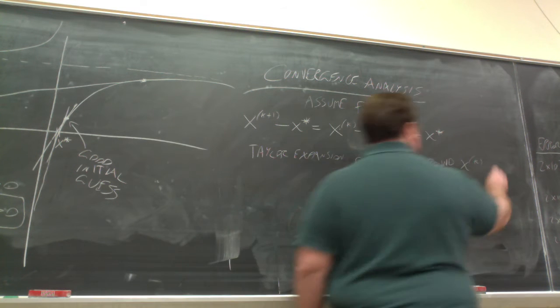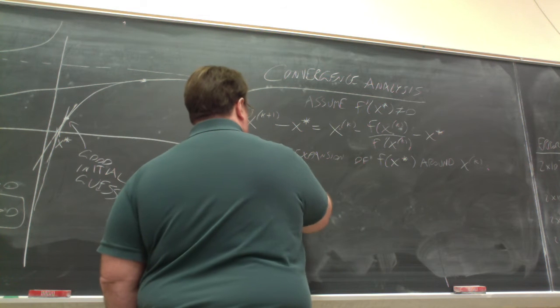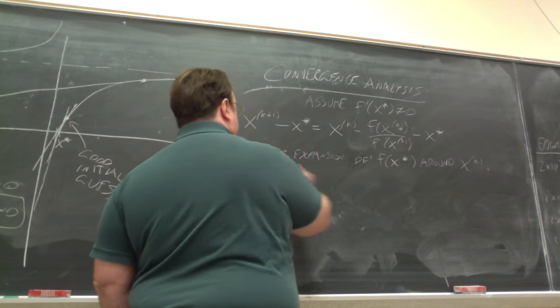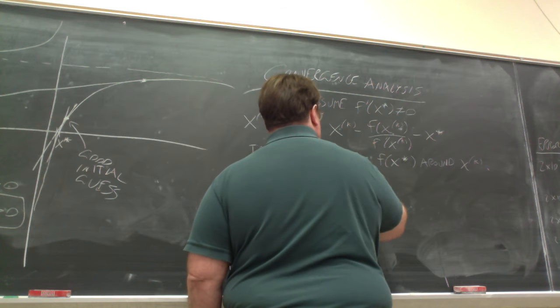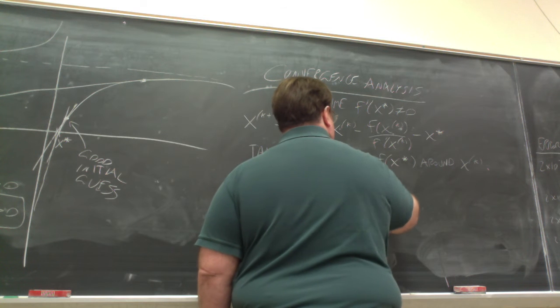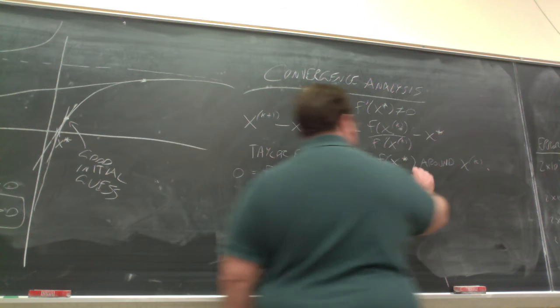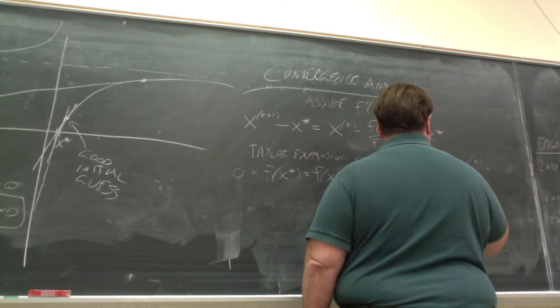So what would that Taylor expansion look like? I'd have f of x star, which happens to be 0, equal to f of x_k plus f prime at x_k times (x star minus x_k). And then I'll take it to one term more.